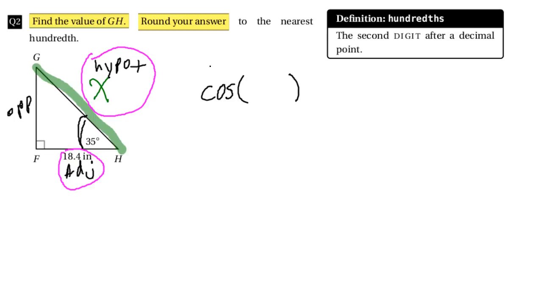So I know that I need to use the cosine of 35 degrees, and that it will be equal to the adjacent, which is 18.4, over the hypotenuse, which is x.